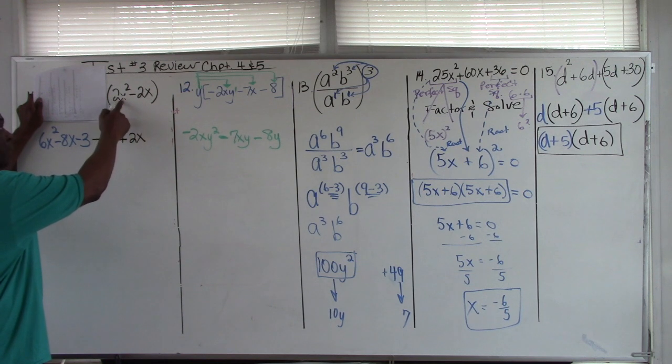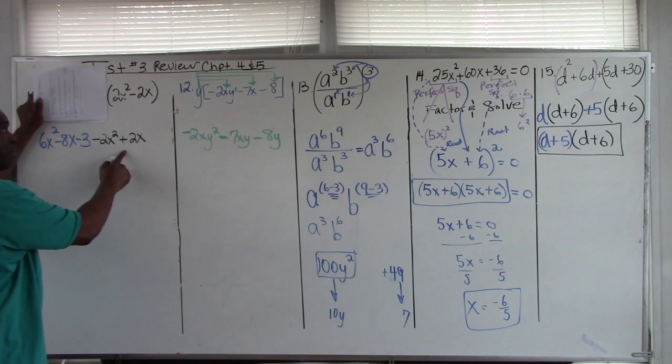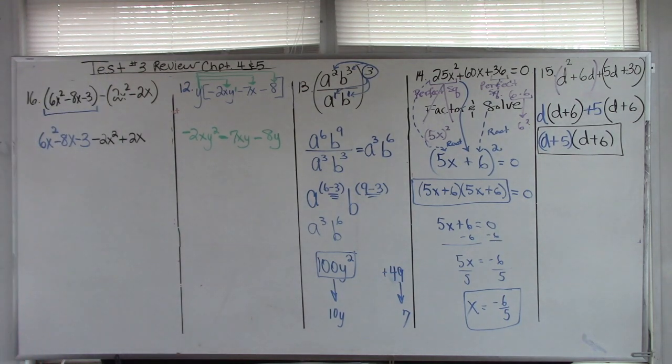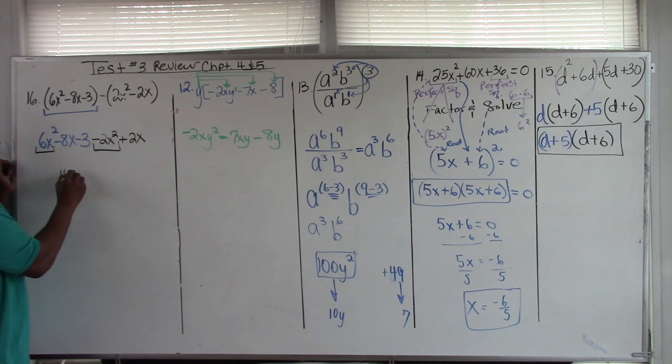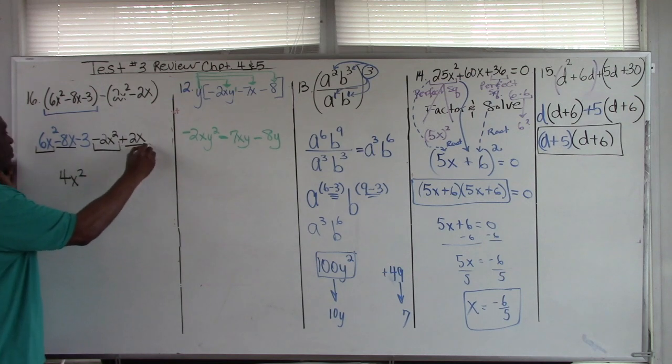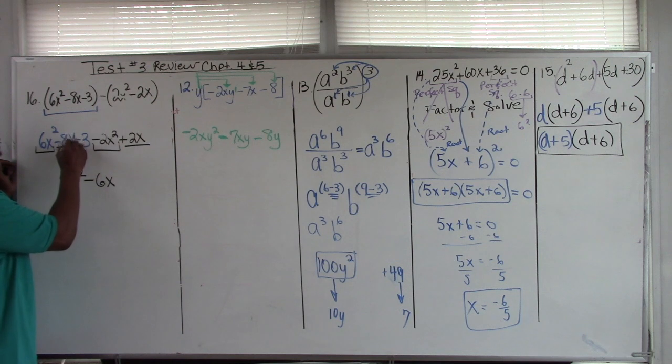So the positive 2x squared becomes negative, and the minus 2x becomes positive. All right. So now that that's done, we can combine like terms. So I have a positive 2x squared and a negative 2x squared. That's going to give me a positive 4x squared. And then I have a negative 8x and a positive 2x, which is a negative 6x. And bring down this minus 3.